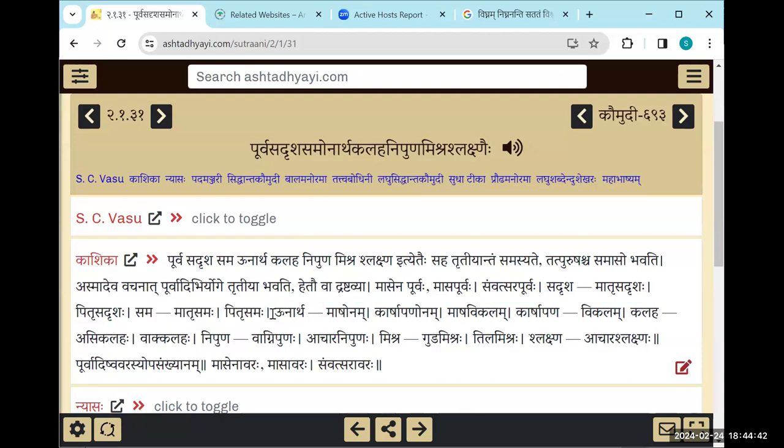Now, what is Unartha? I told you Una means short. What is the example? Mashonam. What is Masha? We don't know what is Masha now. The only Masha we know is black gram, Masha Pupam. But it is not that Masha. This Masha is a unit of weight, a particular weight.